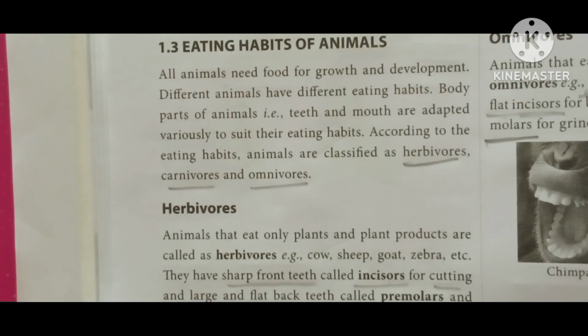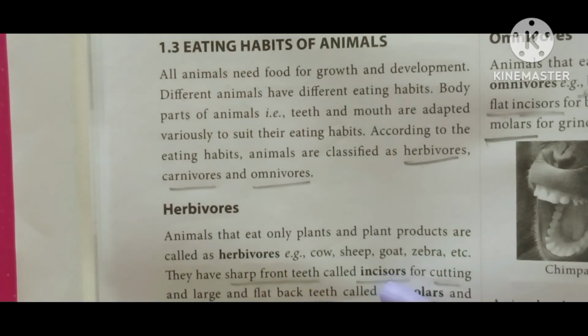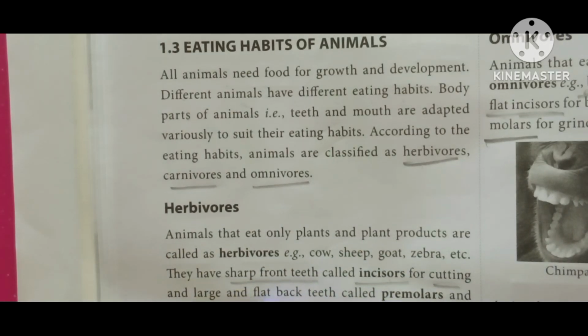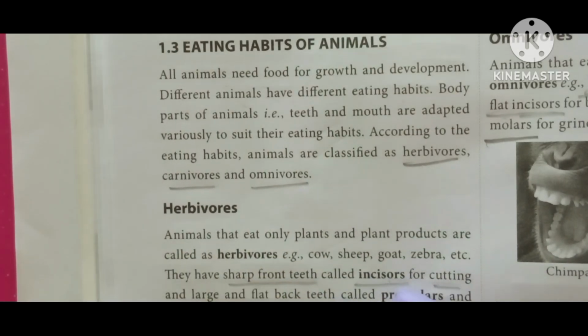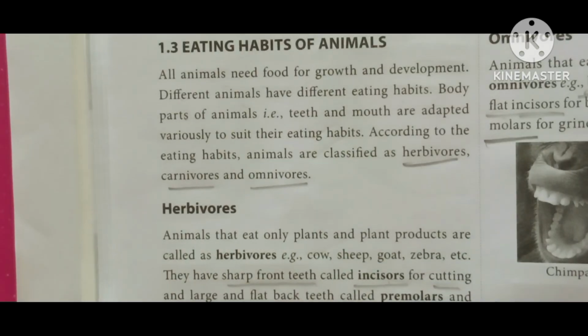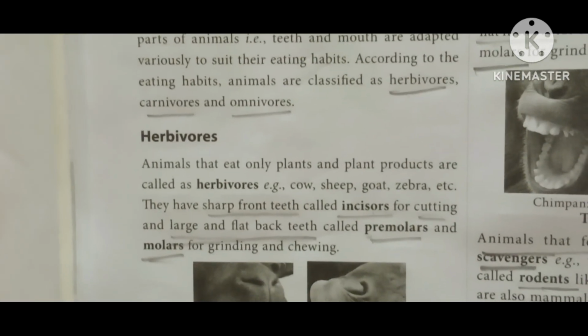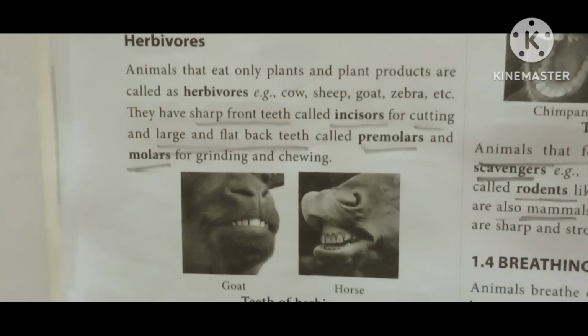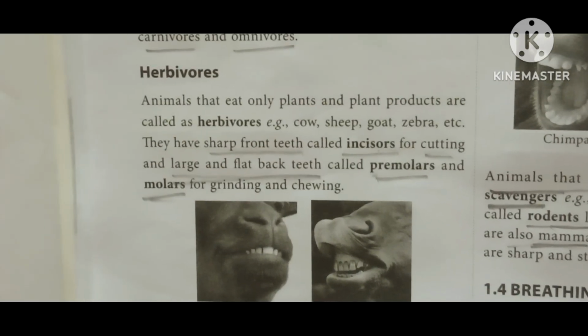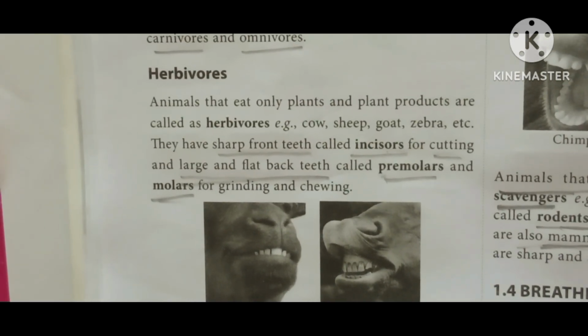So they have sharp front teeth called incisors for cutting, and large flat back teeth called premolars and molars for grinding and chewing. So the structure of teeth is like this in herbivore animals, the animals that eat only plant products.